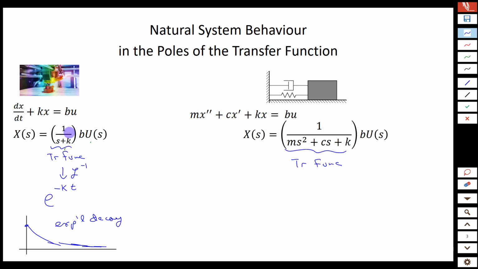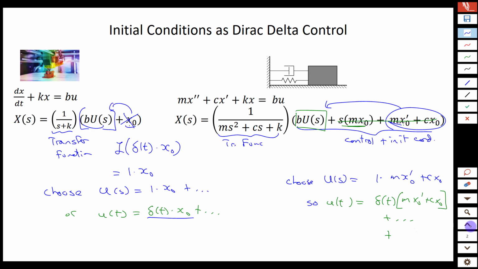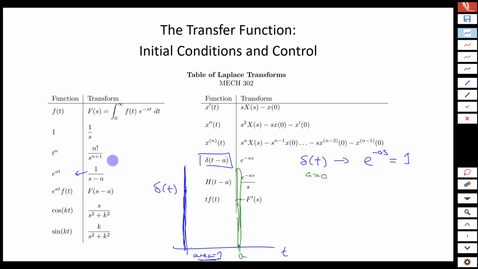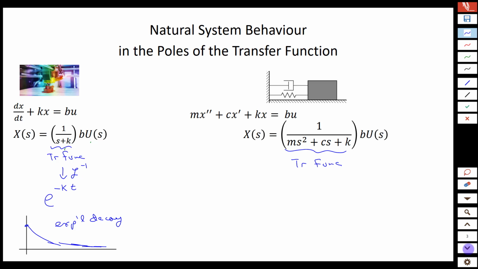If you look at the transfer function and you memorize the core rules that are in the left-hand column here, then for most of the cases, we can interpret that as a natural behavior that we're going to see in the system. So if I have a transfer function that's 1 over s plus k, I can do a quick bit of math and recognize that the time domain, time against x here, is naturally going to be an exponential decay.